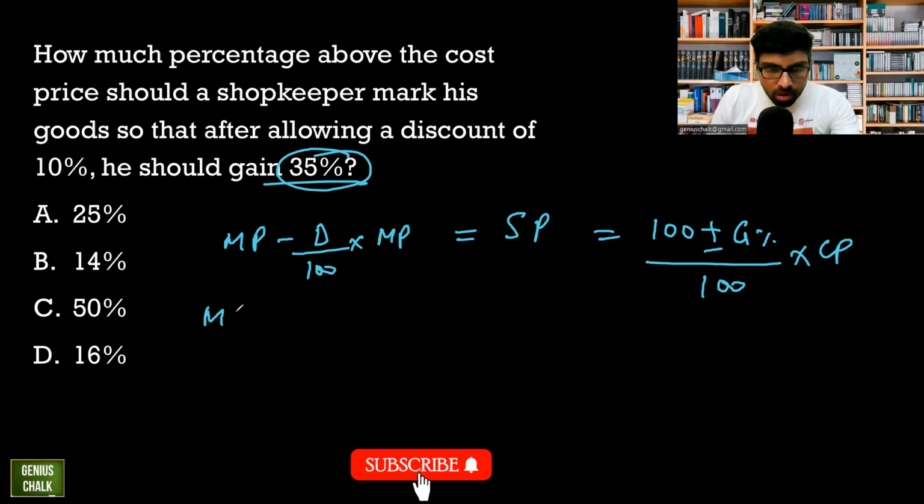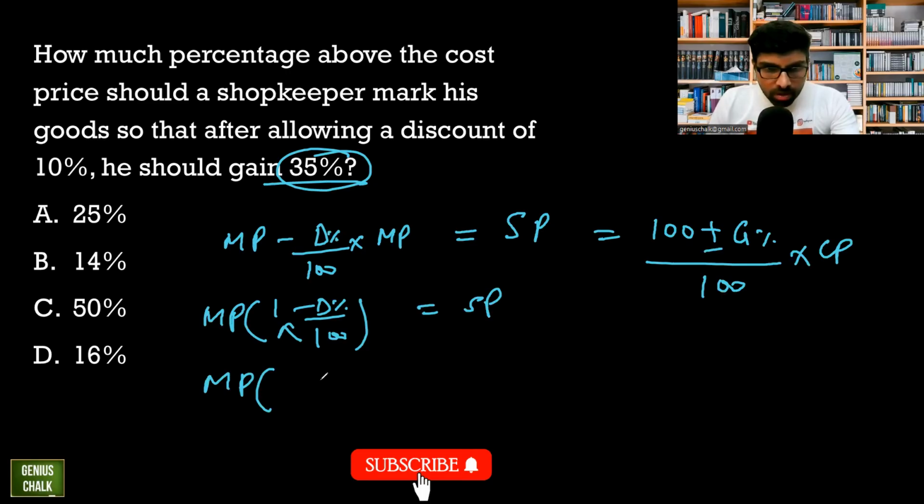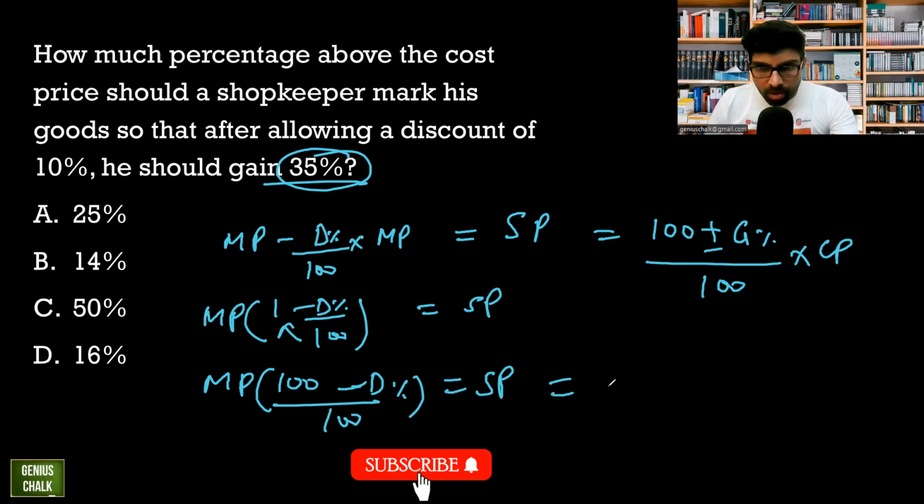Basically, if you solve this, taking mark price common, it is 1 minus d by 100, where d is the discount percent. So this is mark price into (100 minus discount percent) by 100, which is equal to selling price.